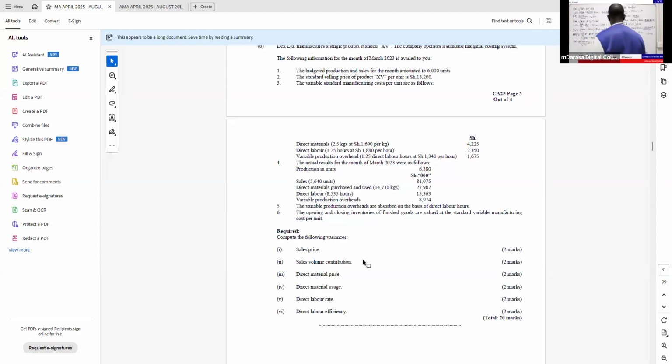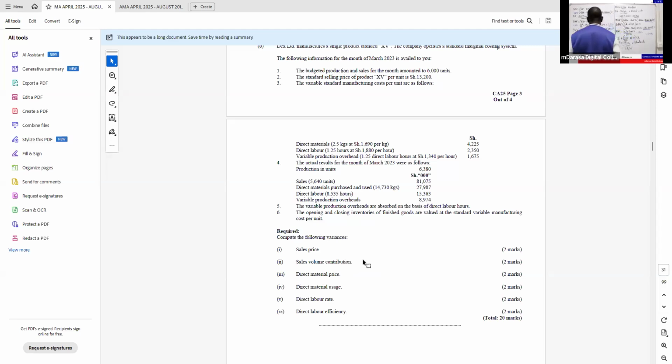Because you say that this one will be given, you are talking about your standard hours per unit, times your actual units. In our case, the standard hours per unit, if I told you to check note number 3, direct labor hours, we had 1.25.